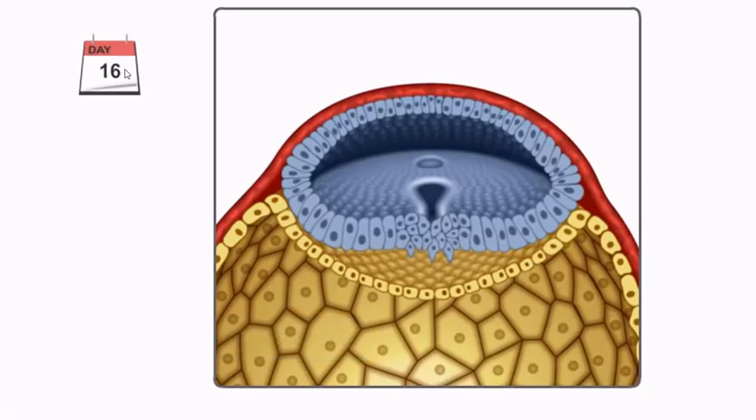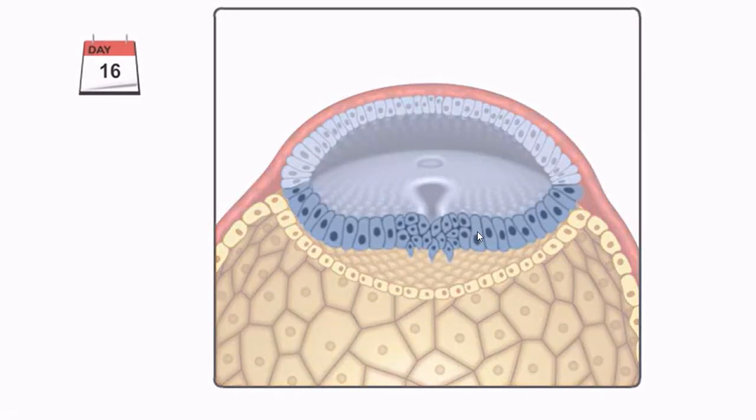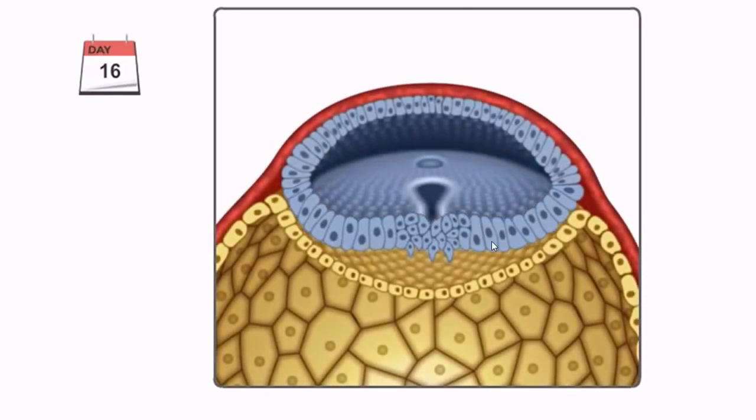Next day, approximately the 16th day, these cells keep migrating between these two germ layers. It's a primitive ectoderm now, but the cells keep migrating in the middle between them and forming the third germ layer, which is named mesoderm. Intraembryonic mesoderm.